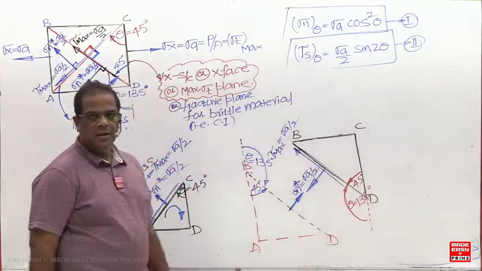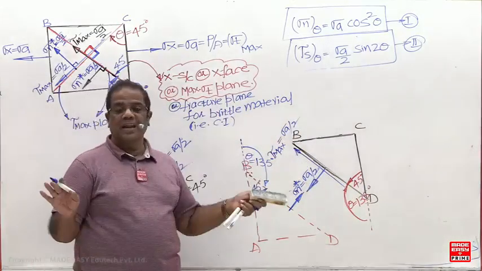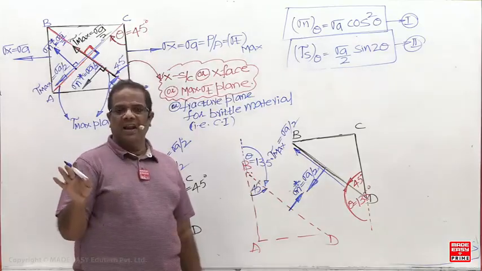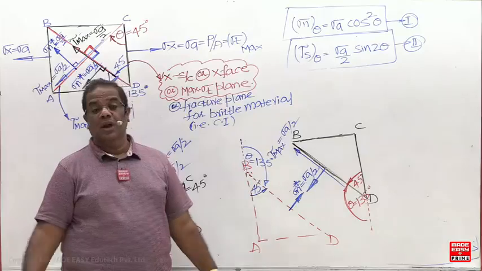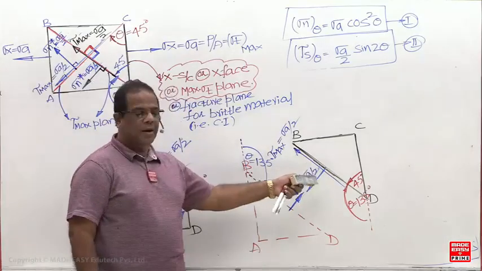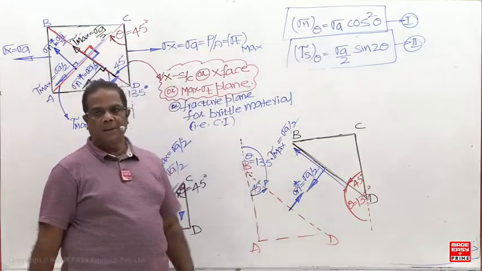Now both are tensile, that is clearly mentioned. Always on two parallel planes, normal and shear stress are equal in magnitude, but their directions are opposite. Either downward or upward. But this is tensile, and it is also tensile.